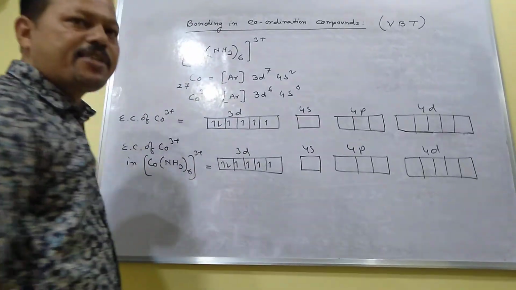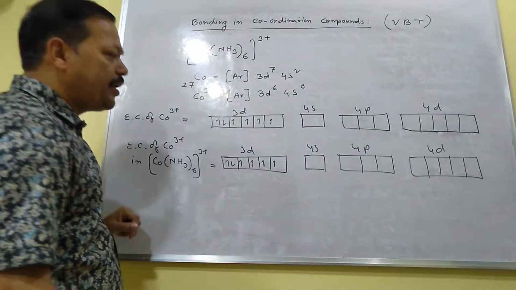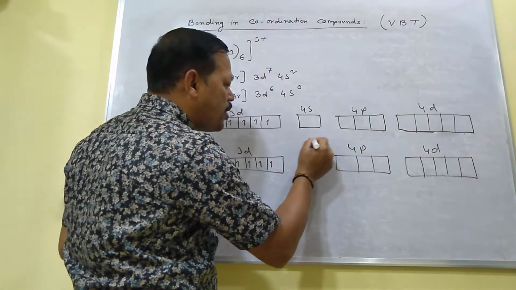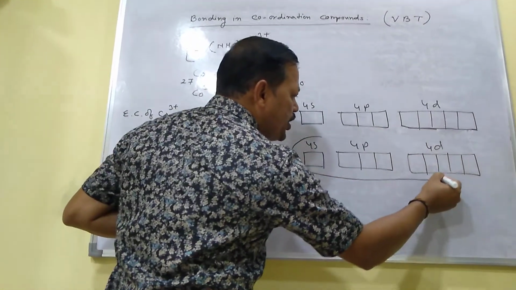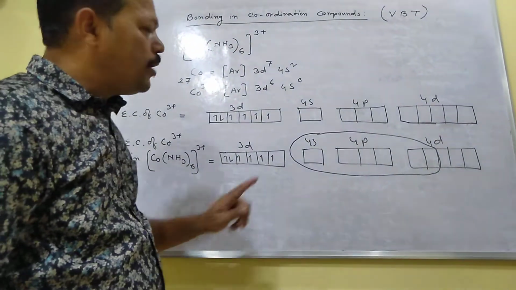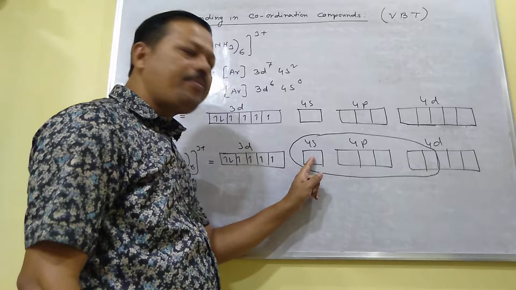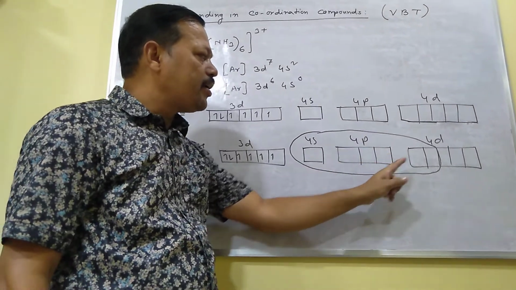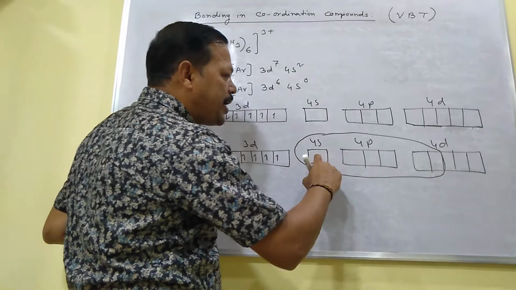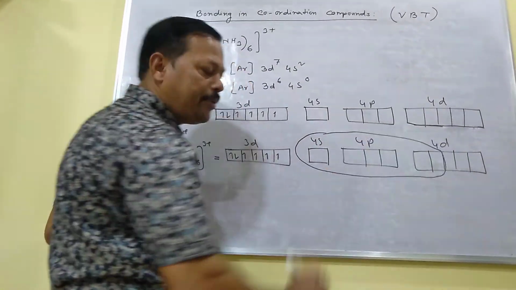Now we require 6 vacant orbitals due to the presence of 6 ligands. So I will consider 1 s, 3 p and 2 d from the outer side. That's why the name will be something different. First s, then 3p, then 2d, and that's why this hybridization is called sp3d2 hybridization.